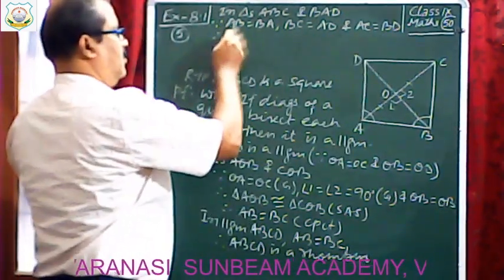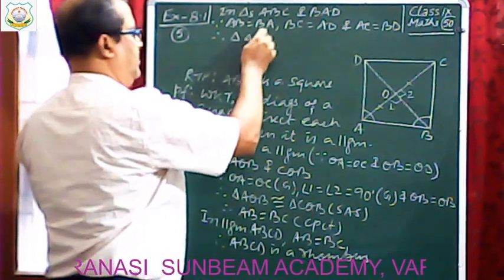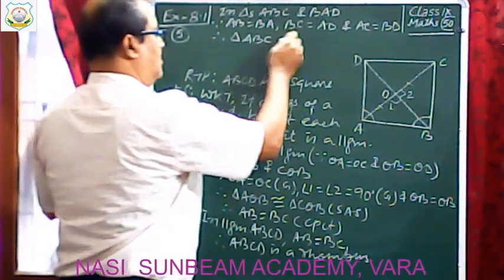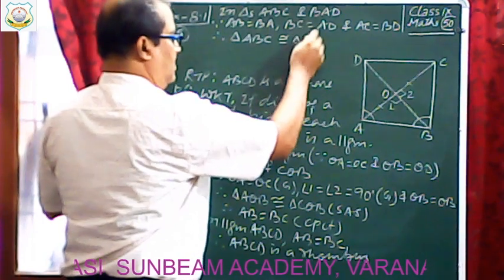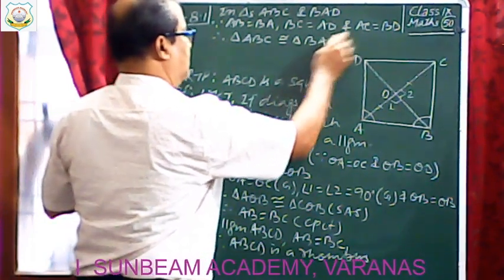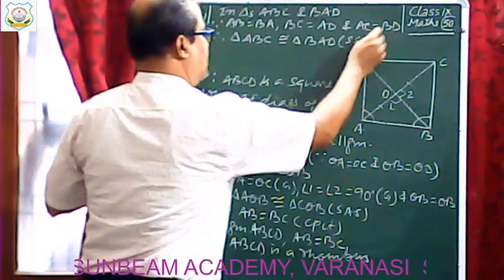So therefore, triangle ABC congruent to triangle BAD by SSS criteria.